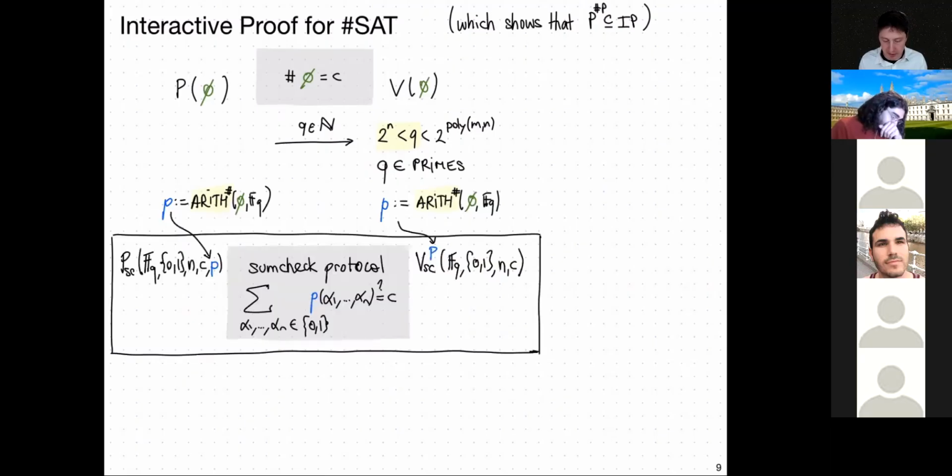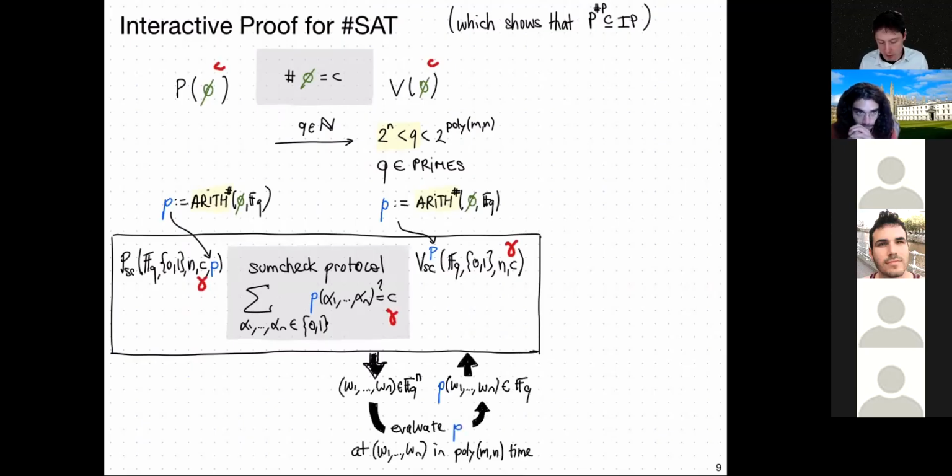And then it runs the Sumcheck protocol where now the gamma is not 0, but is c, which I forgot to provide as input to both of them. So the gamma is c rather than being 0. At some point, the Sumcheck verifier will want to query the polynomial at a random point, but it can do it, right?